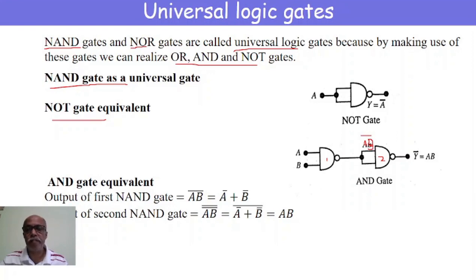The output of the first NAND gate is (AB) complement, which is A complement or B complement, and that will be equal to complement A or complement B.